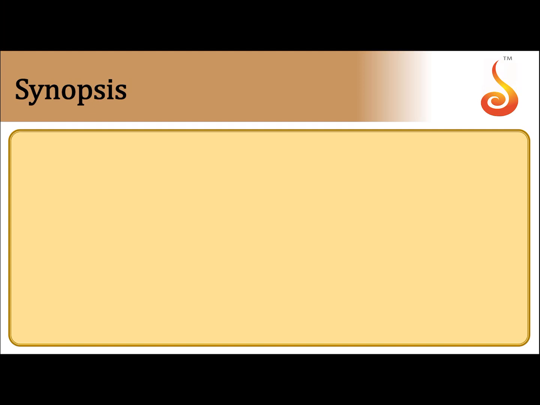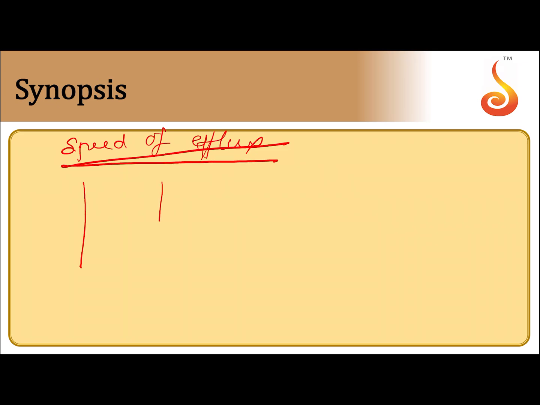One of the very important applications is what is called as speed of efflux. So what is that speed of efflux? We take a container and let's assume that liquid of density rho is filled here and a hole is made at a depth h below the free surface.